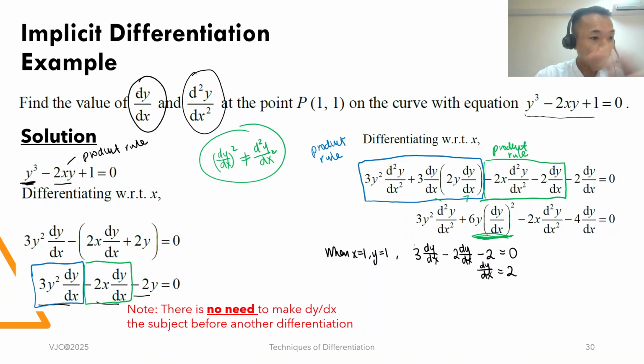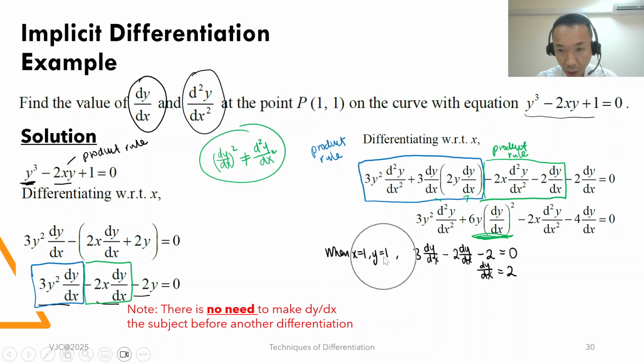Now, same thing. I'm going to substitute it into this one. When x equals 1, y equals 1, dy/dx is 2. So I substitute these three values, 1, 1, 2 into here.